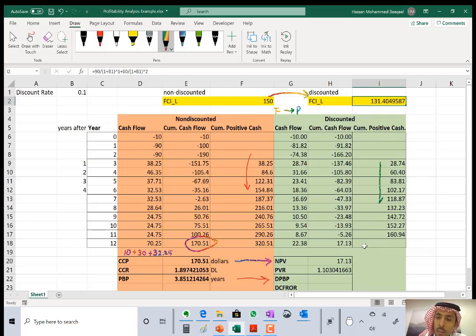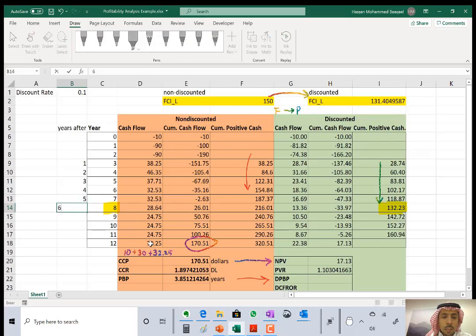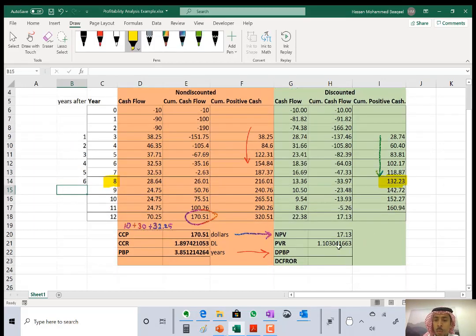So we go down until we find 131. Currently, it's around year 8, which is around 6 years after startup. But I want to be precise, so I will do interpolation.